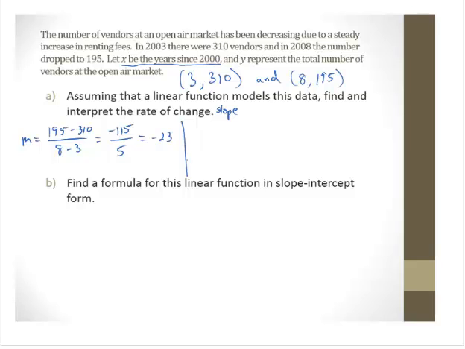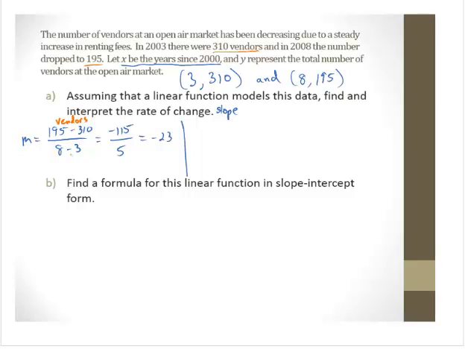Interpret the rate of change. What does this mean? What's changing? Something is decreasing. What decreased? Well, what are these numbers? What are the 195 and the 310? Those were vendors.